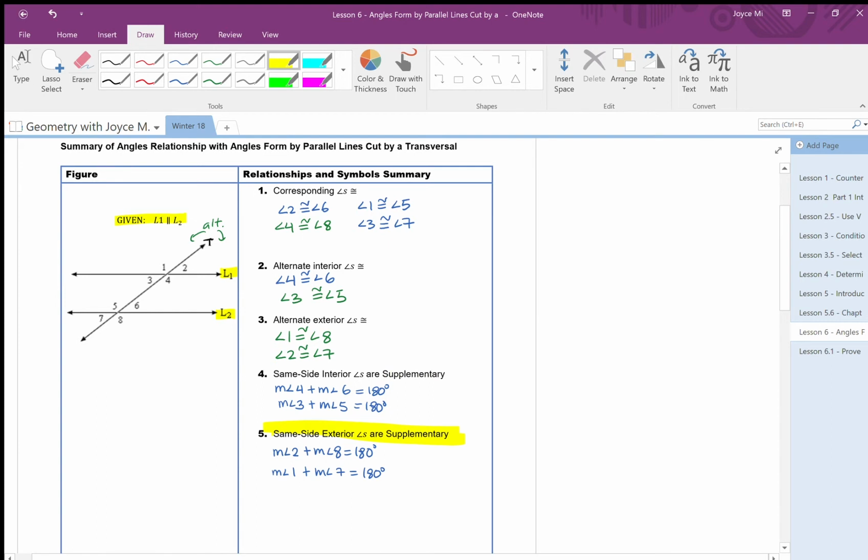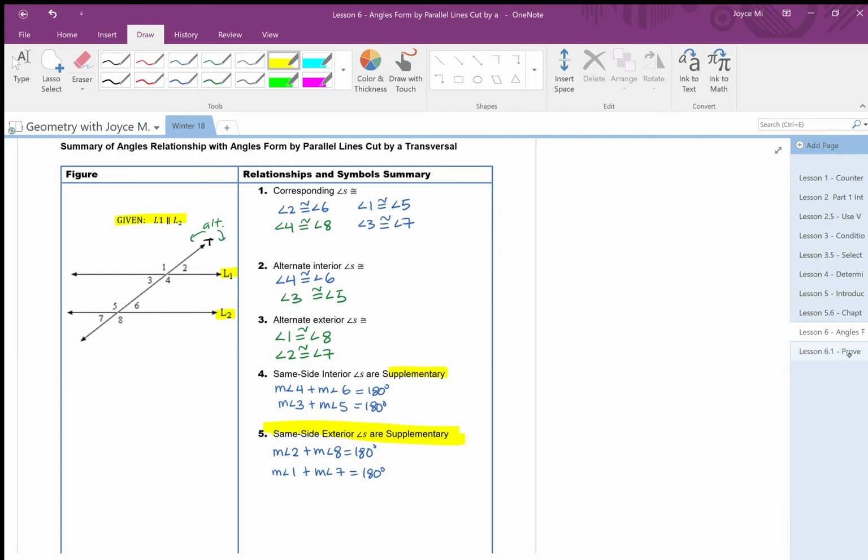I could use corresponding angles are congruent, alternate interior angles are congruent, or alternate exterior angles are congruent. I can also use same side interior angles are supplementary. Supplementary sounds like something I could use because this is what I'm trying to prove. So let's use number 4: I'm going to use same side interior angles are supplementary to prove that the exterior angles are supplementary.